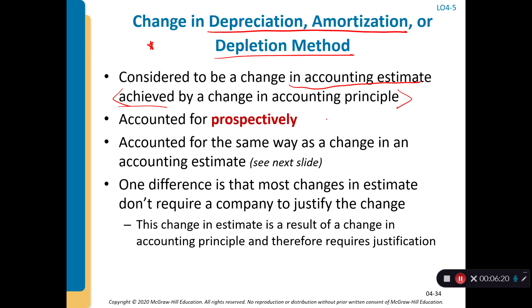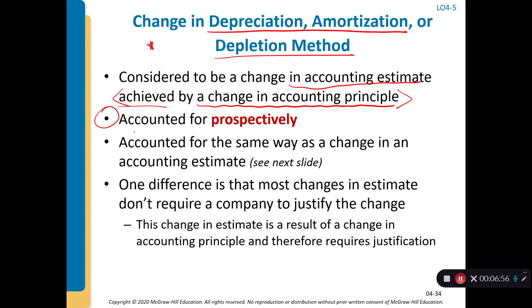In other words, if you ever change the method, we all know it's because your estimate of the depreciation speed or residual value of the asset has changed. However, it has to be reported as a change in accounting principle. And the good thing about this change is that it's accounted for prospectively, meaning that you don't need to retrospectively restate retained earnings and other items related to the method.